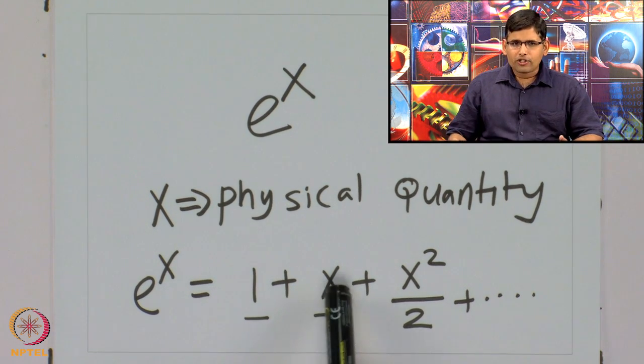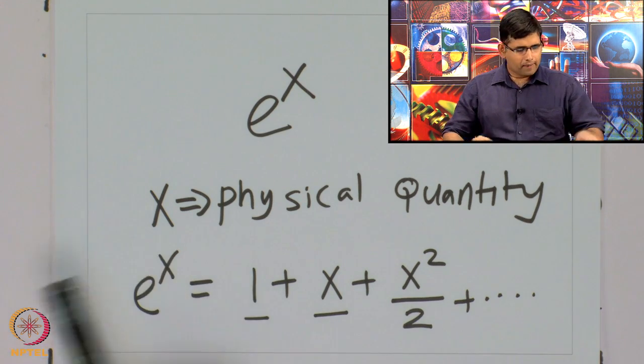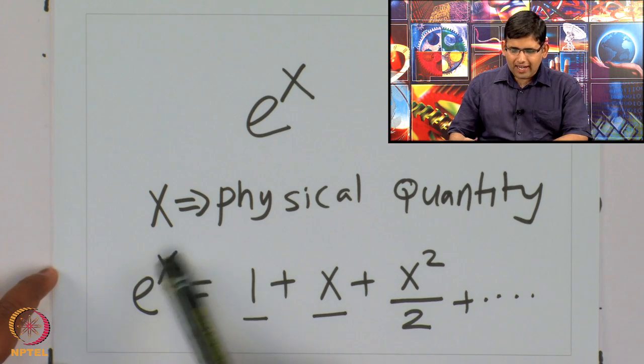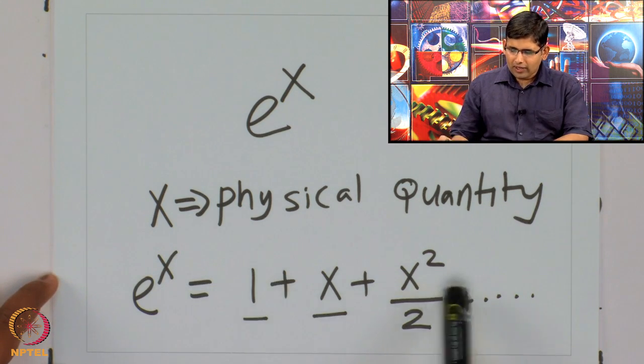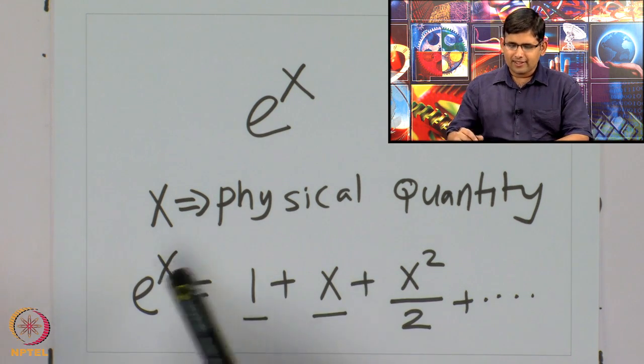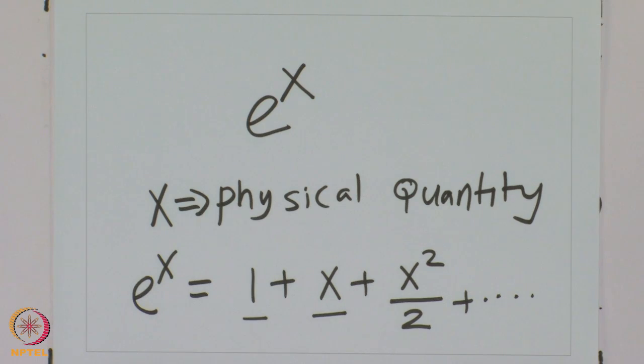Therefore x also should not have any dimension in this definition of e power x. So whenever we write x as a quantity, we have to write it as a dimensionless number. And we will see that x is indeed always written as a dimensionless number.